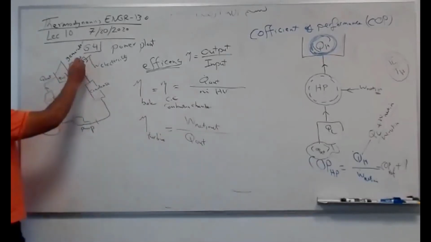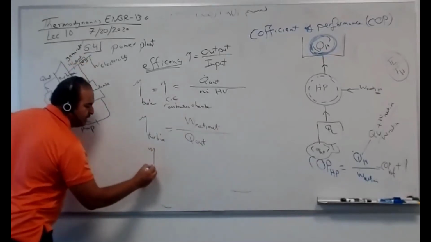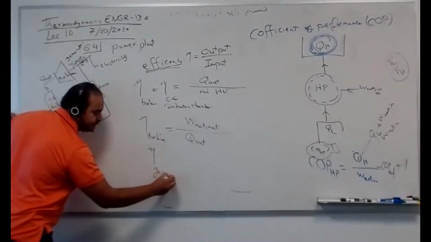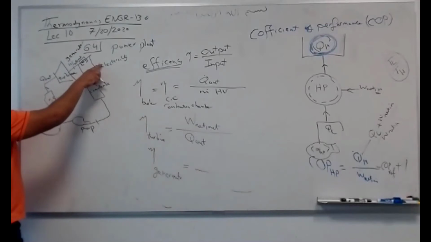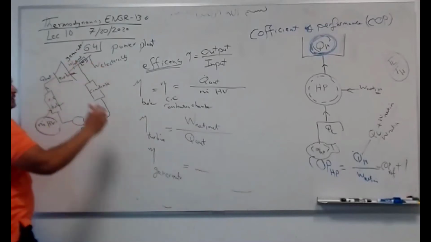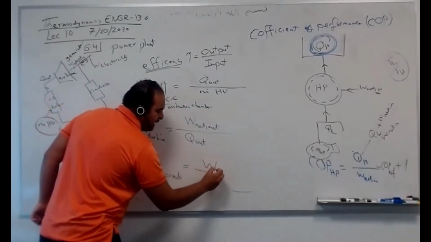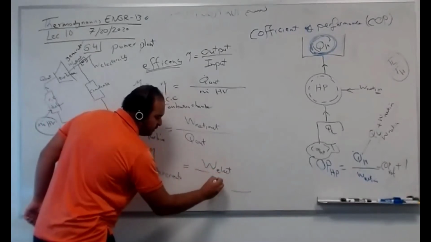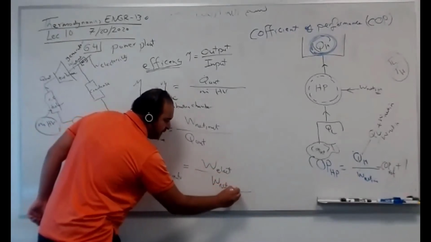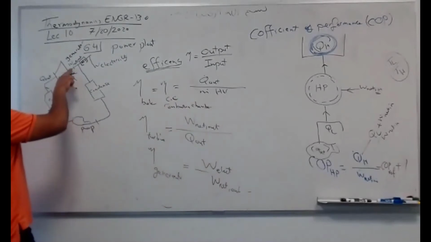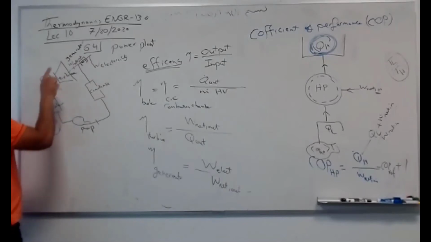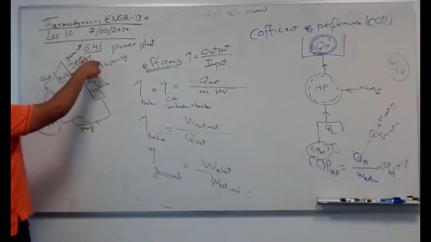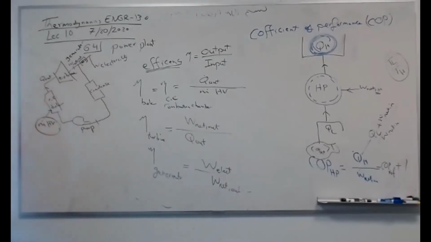We have here generator, eta generator. It's output over input. Output, which is W electricity over W net. So the input to the generator was W net out from the turbine. The output from generator was W electricity.